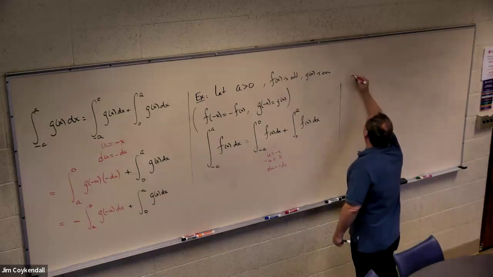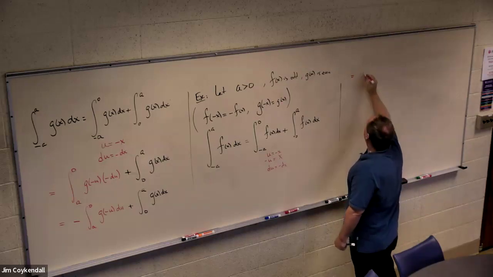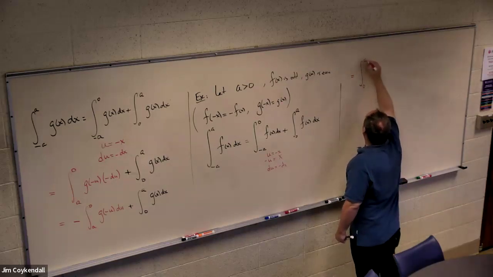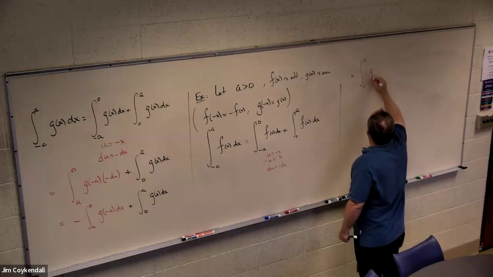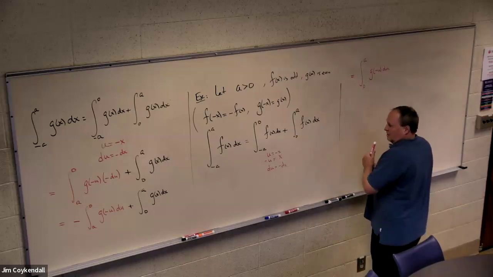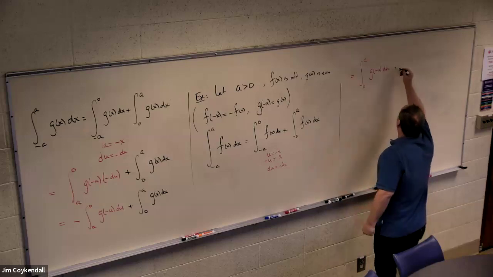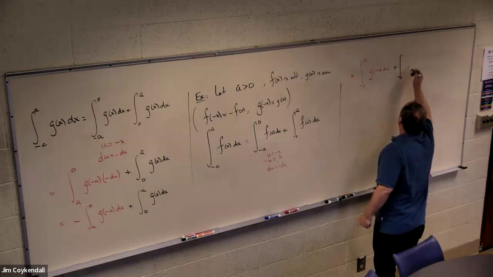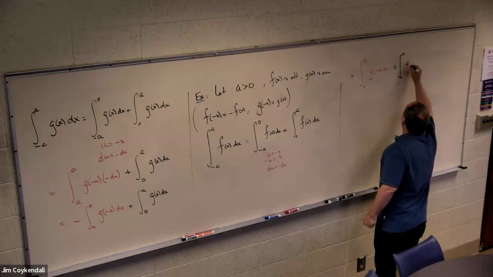So this becomes the integral from 0 to a of g of minus u, plus the integral from 0 to a of g of x.